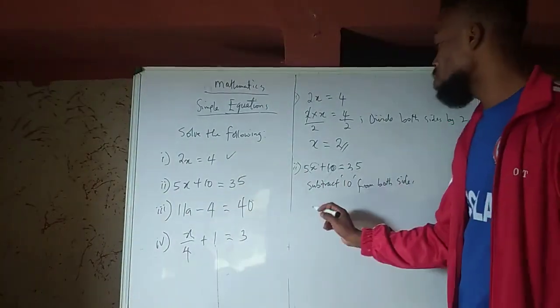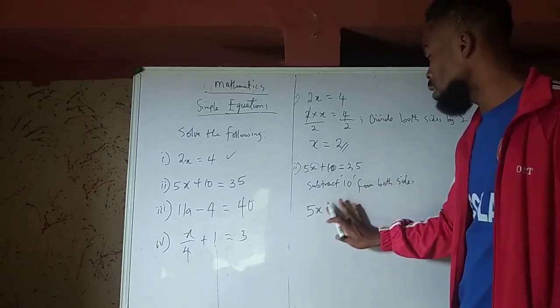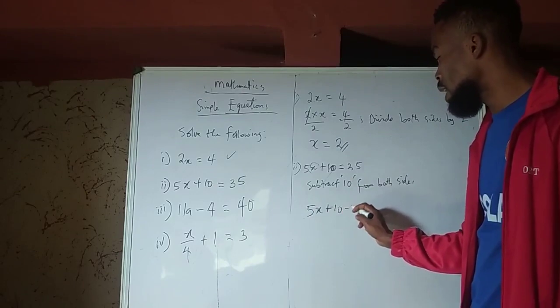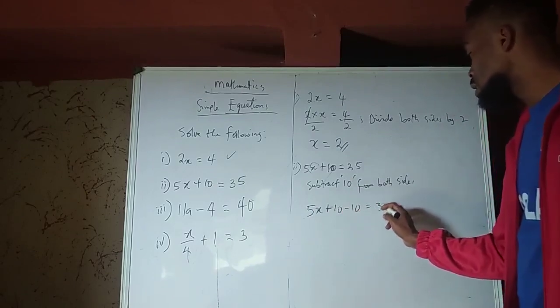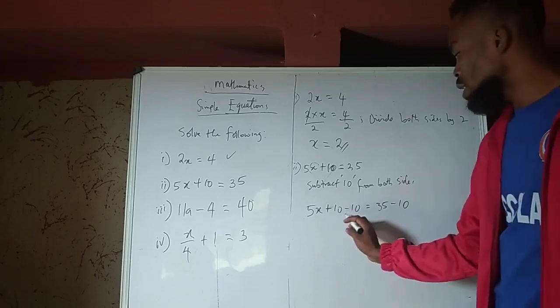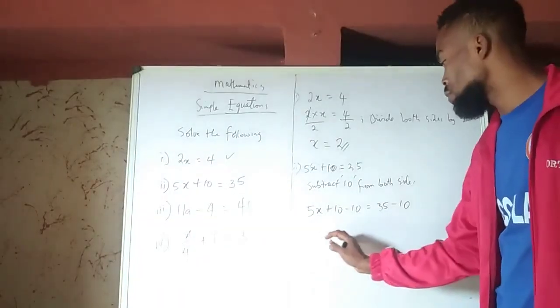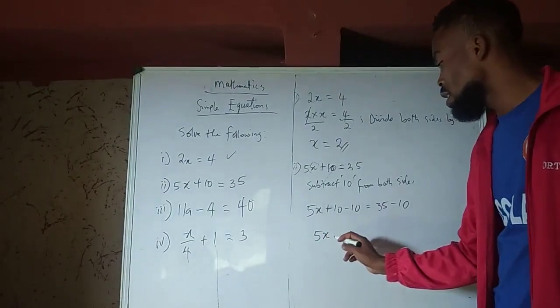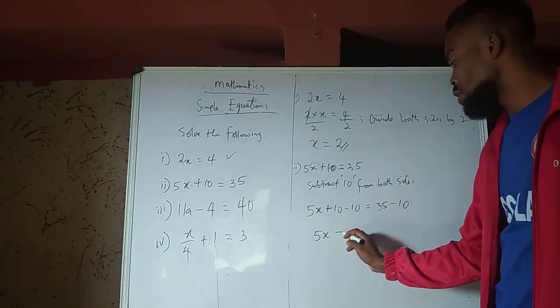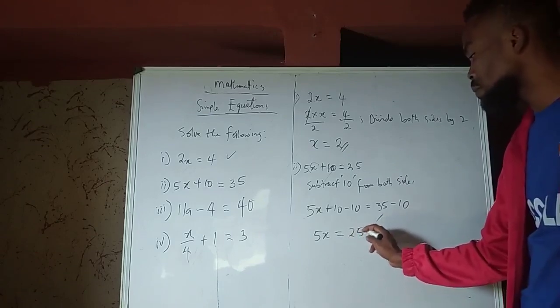Good. So this is now going to become 5x plus 10 minus 10 equals 35 minus 10. 10 minus 10 is 0, so we have 5x equals 35 minus 10, which gives us 25.